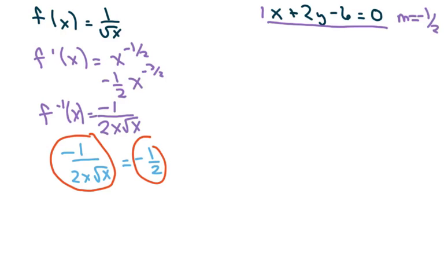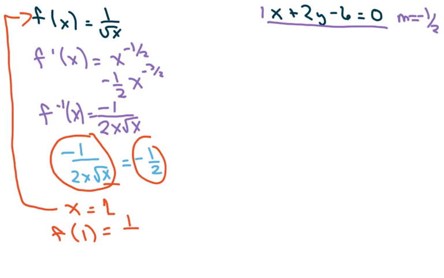So x is 1, and then you plug it back into the original. If you plug this back in and do f of 1, you get 1 over the square root of 1, which is just 1. So our point is 1, 1.